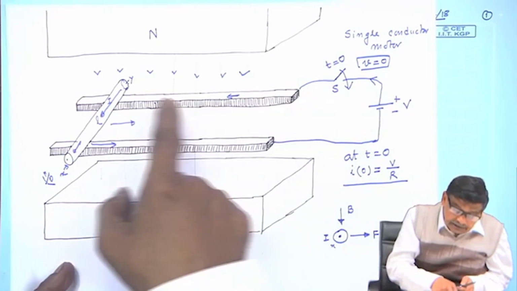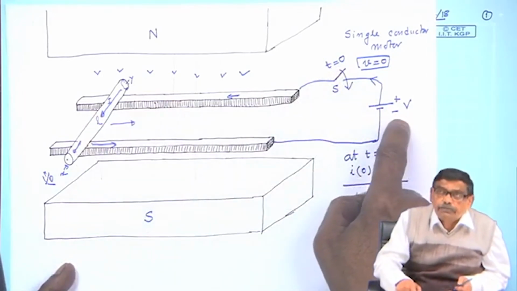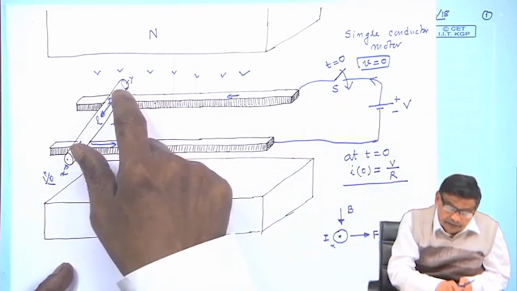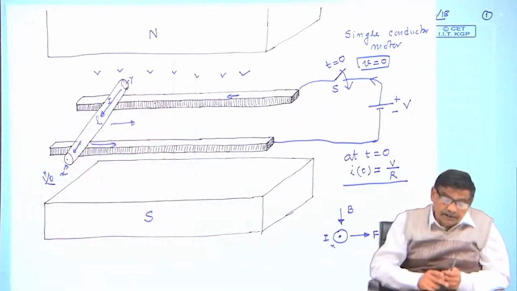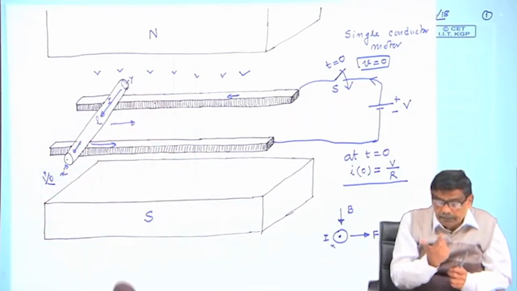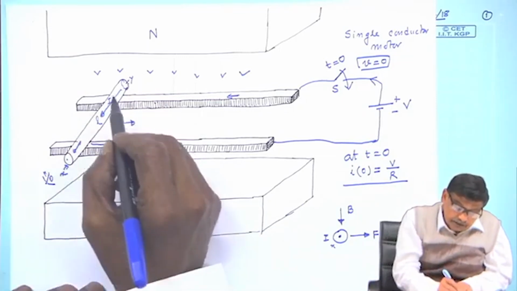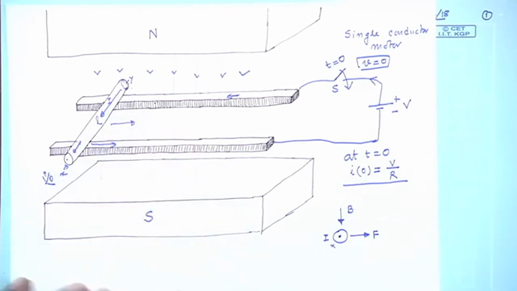Therefore, in this closed circuit now, not only the supply battery voltage V is present, but there appears another voltage here on this side, and the polarity of the voltage can be easily made out by applying right hand rule, and you can easily see the polarity of the voltage will be this side plus, this side minus, and the value of the voltage is B L v.